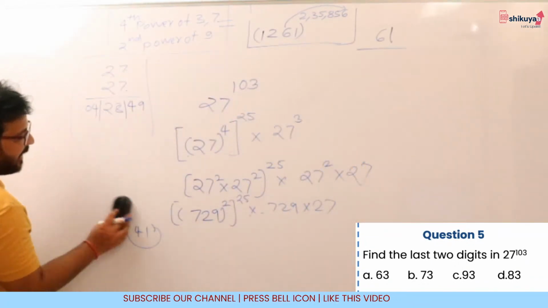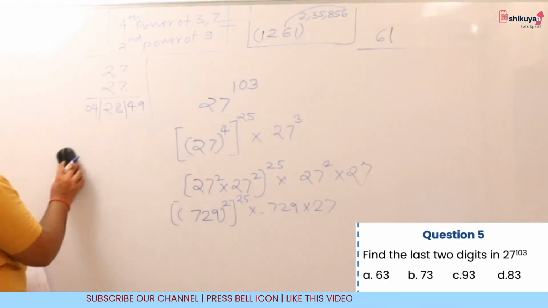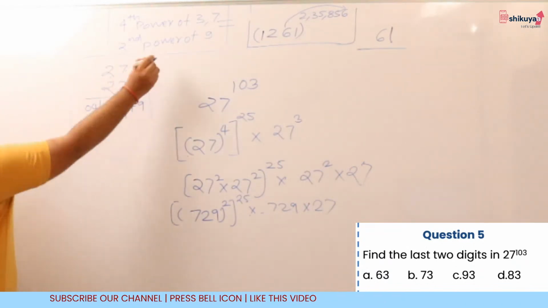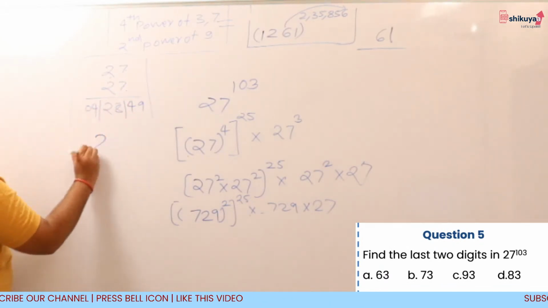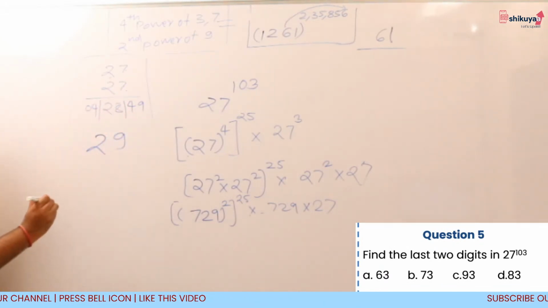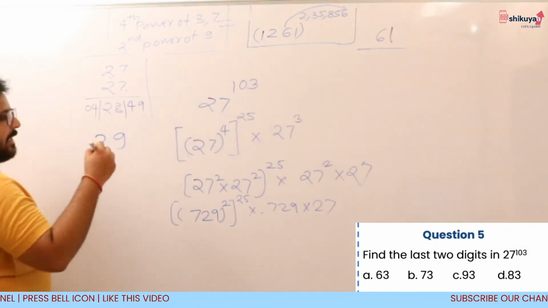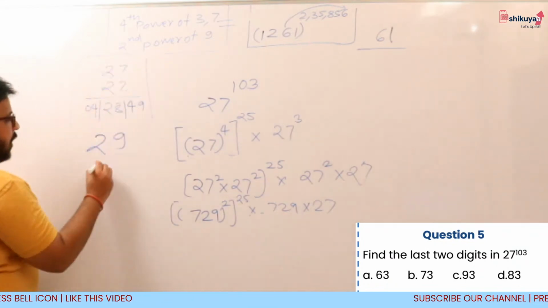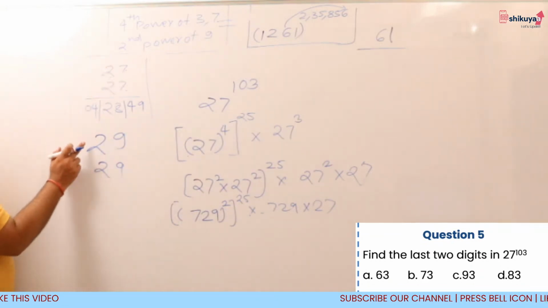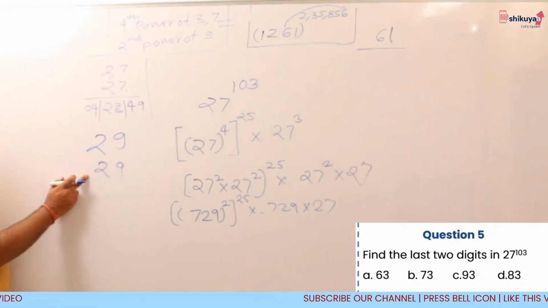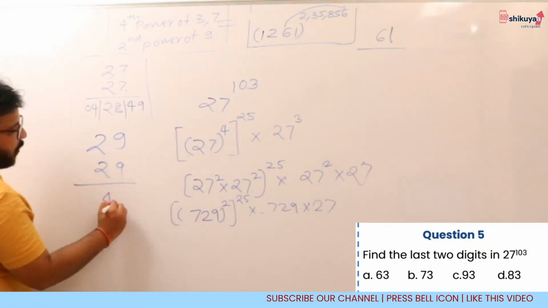Even when I say 27 raised to 4, that is 27 raised to 2, that becomes 729, but we are only focusing on 29. So for calculating 27 raised to 4, you just multiply the last two digits of 27 raised to 2. So 29 into 29 gives us 41.